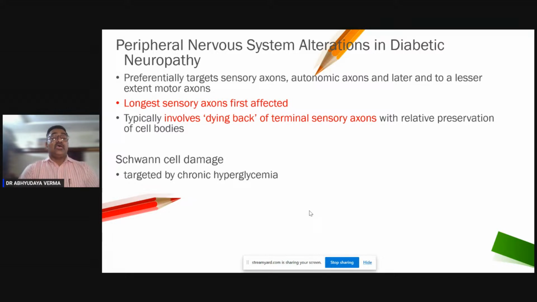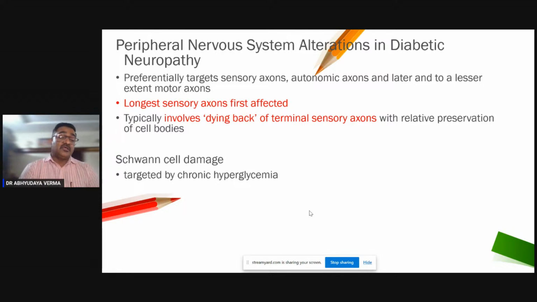Then we have peripheral nervous system alteration in neuropathy. Here the longest sensory axons are affected first. So sometimes we see that the problem starts from the toes of our feet because they are the longest sensory fibers, and then it moves upward in a stocking and glove pattern.